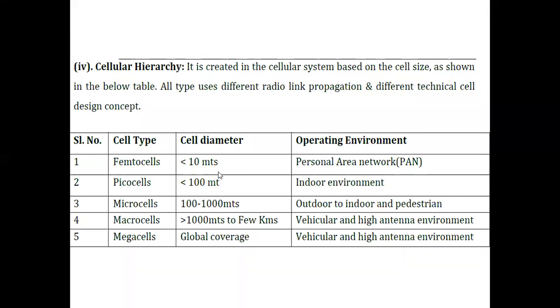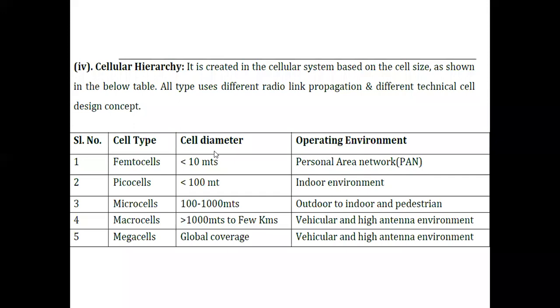All of the cell types use different radio link propagation and a different technical cell design concept. Third is the microcell, which covers a diameter from 100 to 1000 meters and is applied for the outdoor to indoor and pedestrian environment. Macro cells cover an area greater than 1000 meters to a few kilometers and are used in the vehicular and high antenna environment.